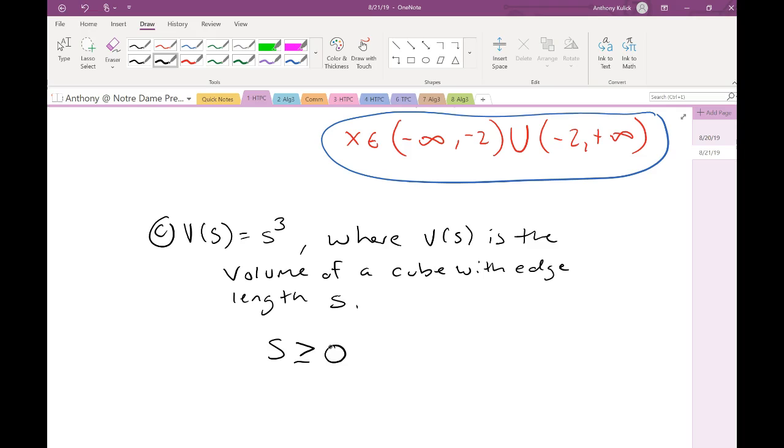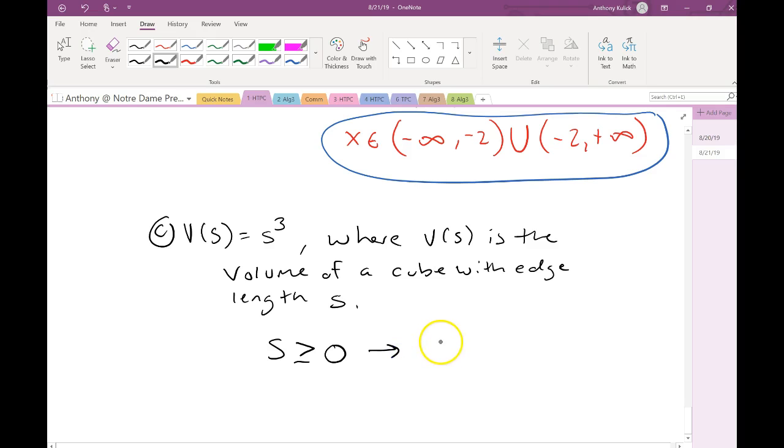I don't know that it's entirely clear without a very formal definition of what we're counting as a cube, whether you should include 0 or not there. So I would be pretty flexible about that, or have a very specific definition of what I mean by a cube.